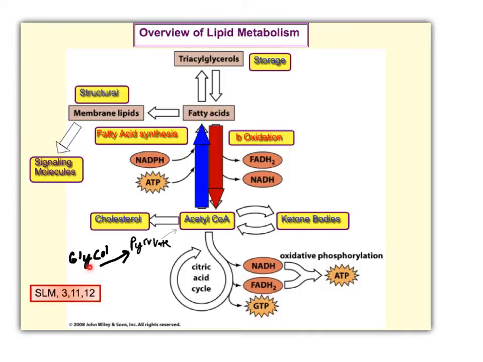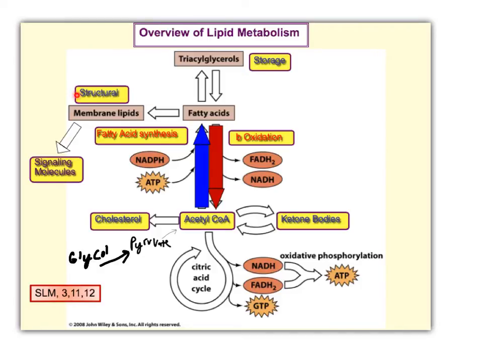So if you get too much sugar whenever you eat, and it goes in through glycolysis to pyruvate, and if the cell has enough energy that it doesn't need to send this through the TCA cycle, then it'll just synthesize it into fatty acids.